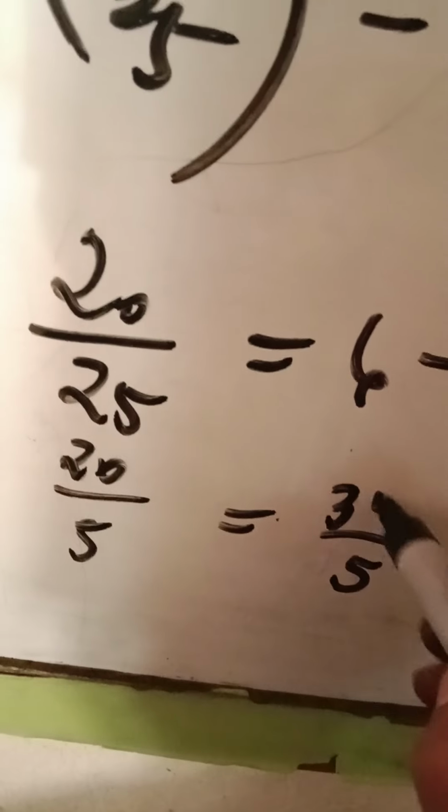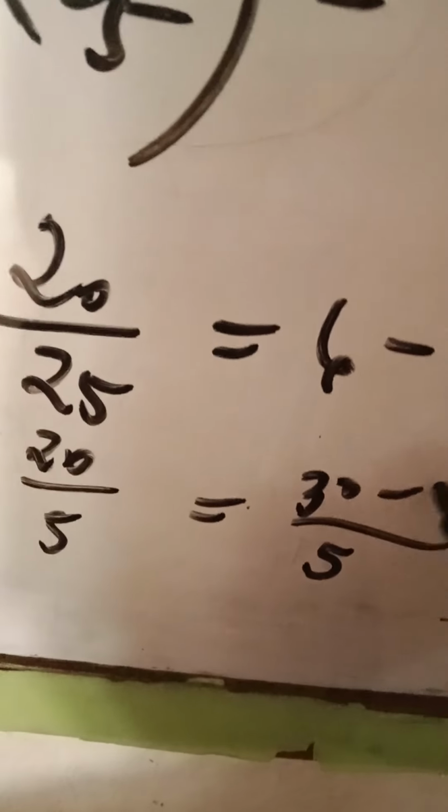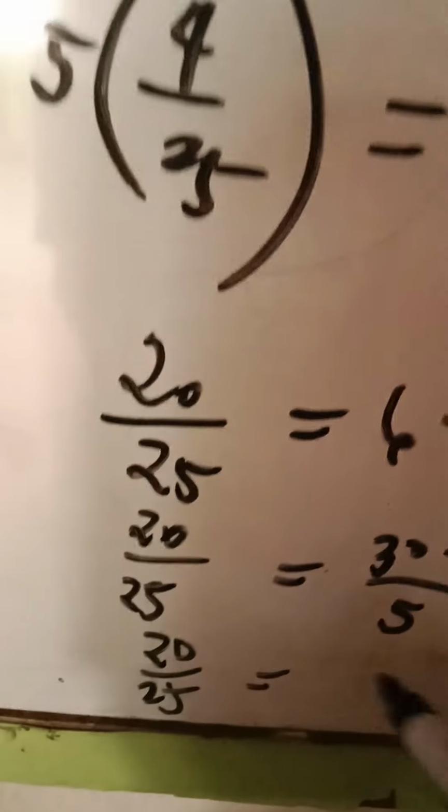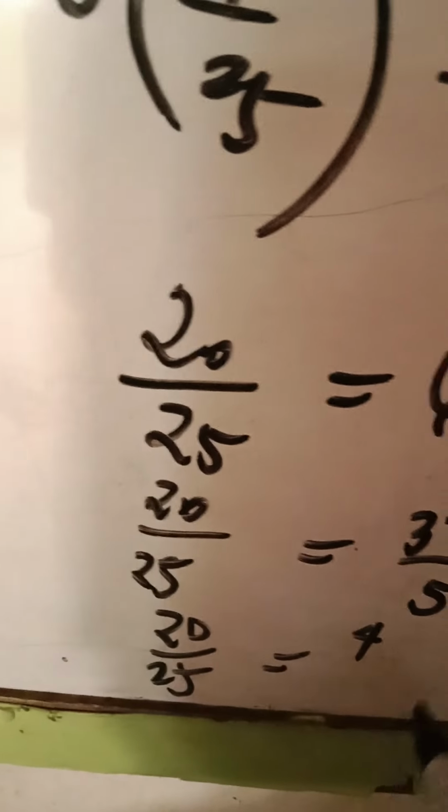Find the LCD. We have 5. So 30 minus 26 over 5 is equal to 4 over 5.